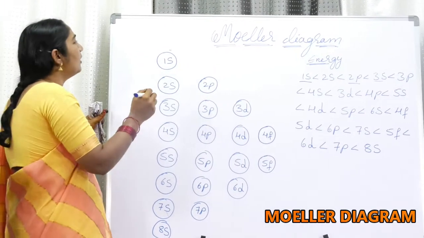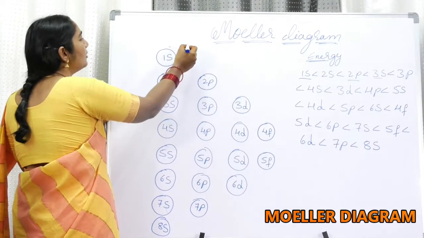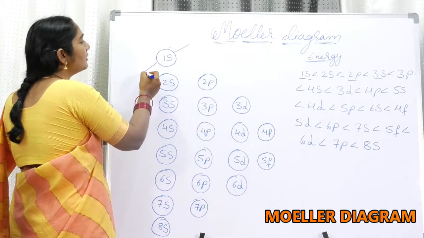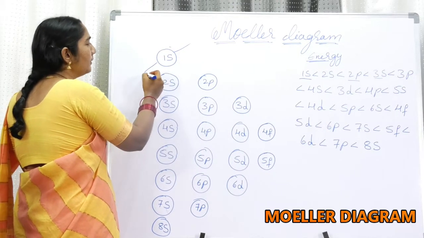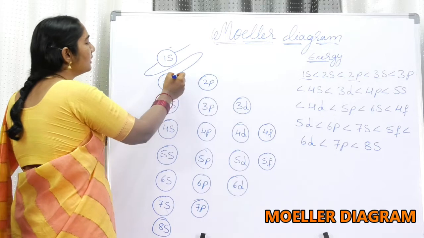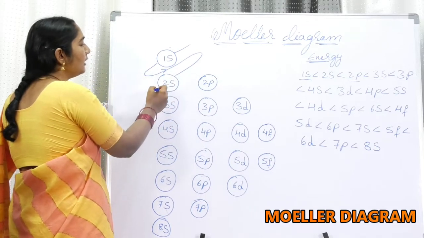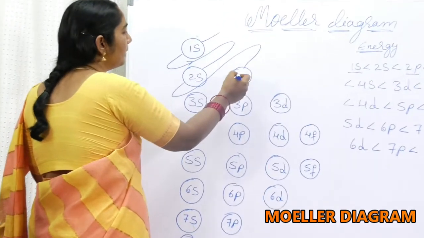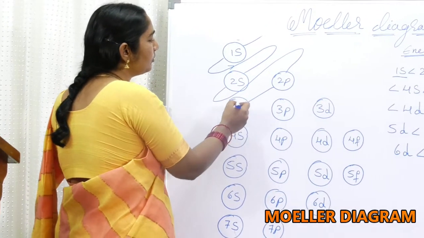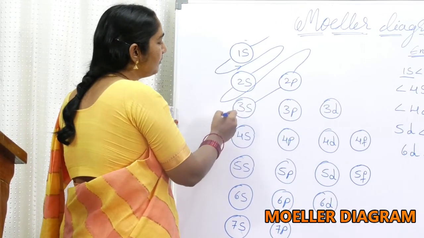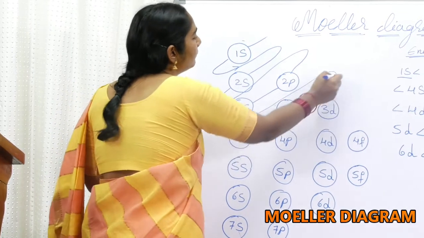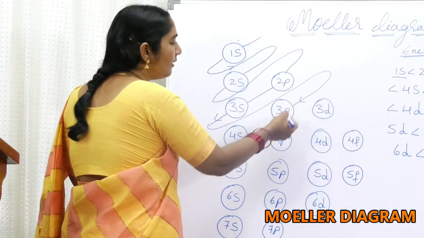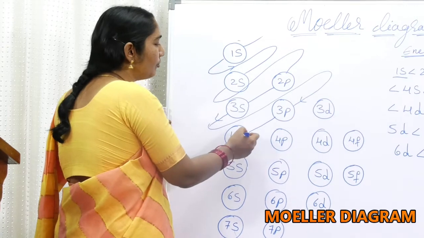For that, what is the Moeller rule telling us? First, you complete the 1s orbital, fill it up. After filling it up, you go to the 2s orbital. Then again you fill it up. Then you go to the 2p orbital and completely fill it up. Next come to 3s. From 3s you go to the 3p orbital. After filling 3p, you go to 4s.